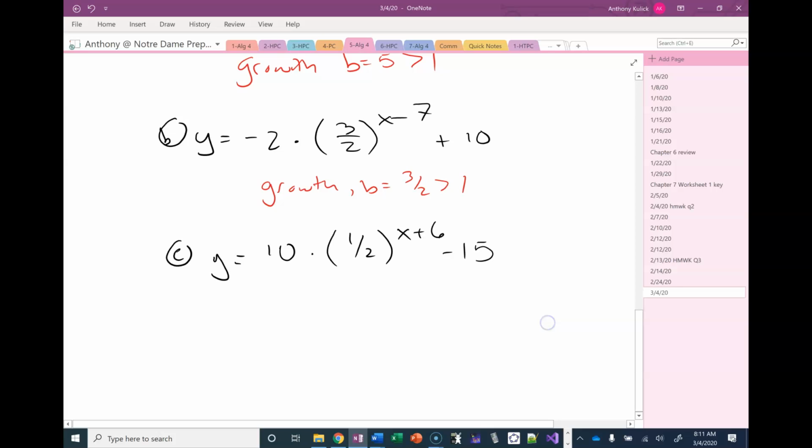However, if I look at this one, this is decay, because the b value here is a half, which is less than 1. Do we feel okay about picking out growth and decays? Pretty simple to do that. All we have to do is identify the b value and look at if it's bigger or smaller than 1. It's not too tough.